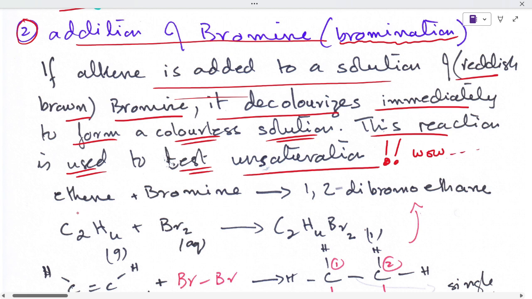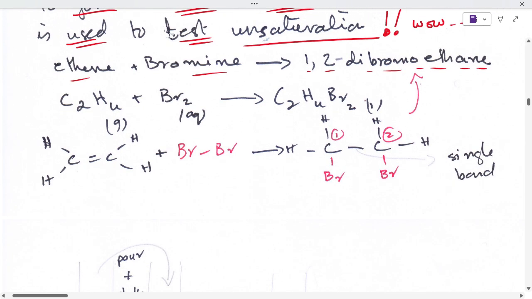Ethene plus bromine forms 1,2-dibromoethane. I have written the equations. Now if you can see the second one, where I have drawn Br molecules with red marker, and I have shown the positions carbon 1 and 2, and there is a single bond, 2 bromine atoms are attached.